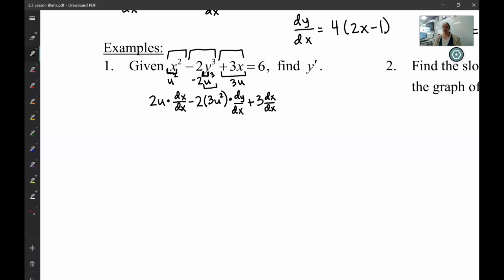Now, I know that's a really weird way to think about this. So we have 2u times dx/dx, then the derivative of this times the derivative of the baby, plus 3 times the derivative of x, equals the derivative of 6, which is 0.